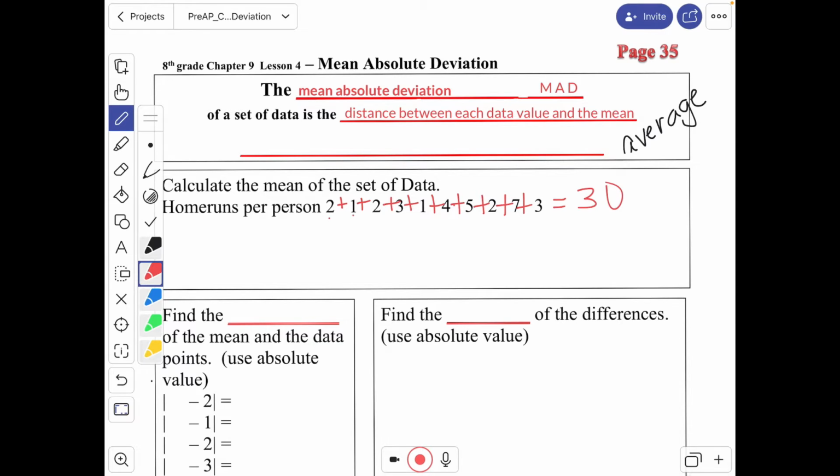Then we divide by how many numbers there are. There's 10, so that would be 30 divided by 10, which is 3. The mean is 3.